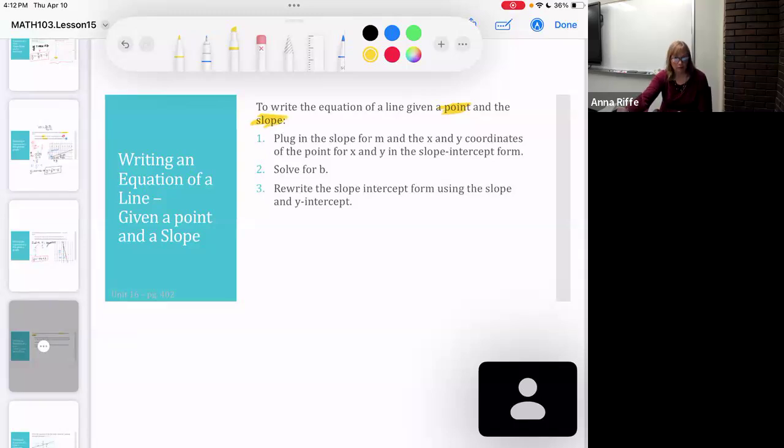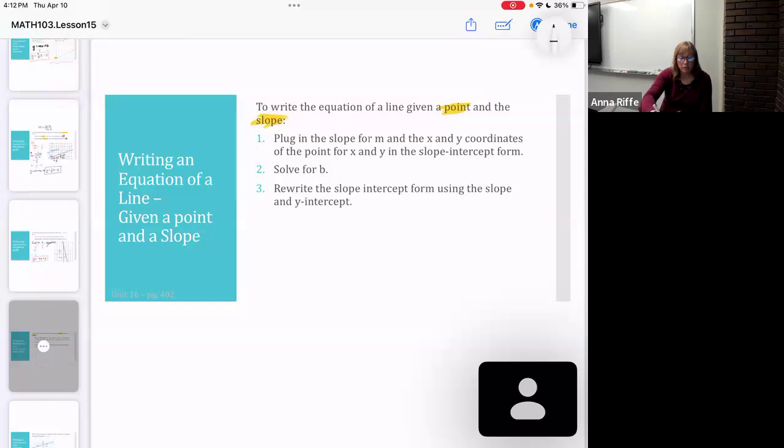Well, we're halfway there. We are at least given m. We're given a portion of our y = mx + b equation, which we are still going to utilize.